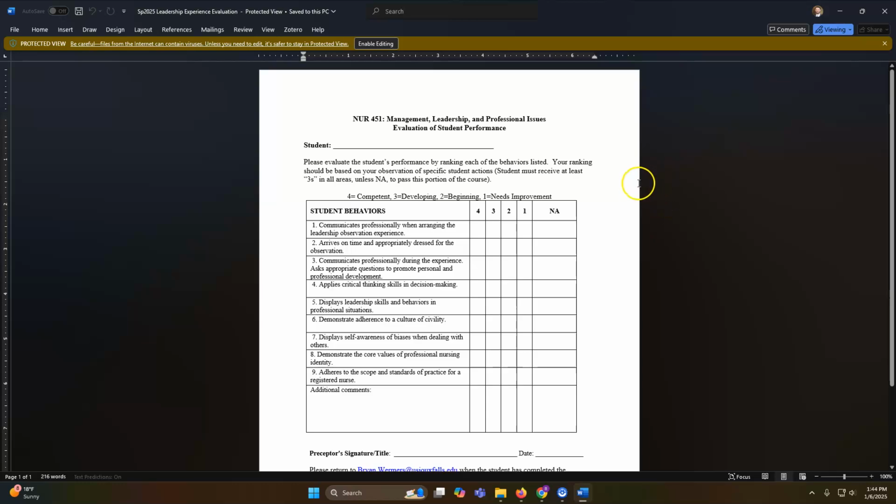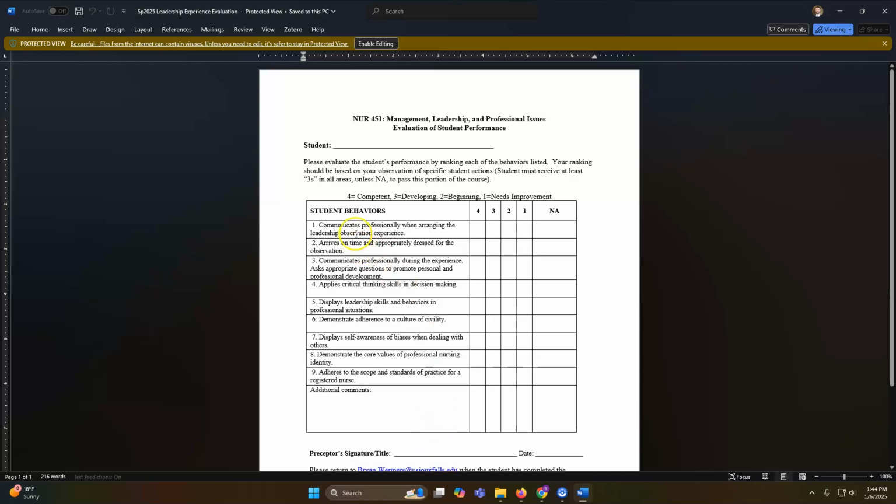When you're on your experience, you will print off this form that is underneath the coursework section for the leadership experience, and they will fill this out. You will put your name on top, your leader will fill out this information, and then sign it at the bottom.